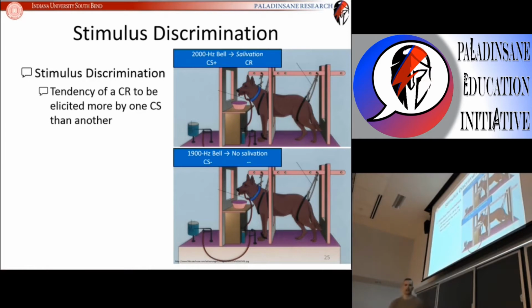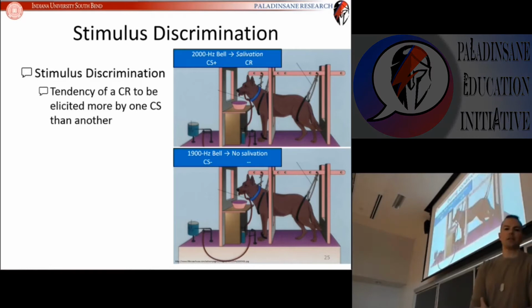So if you are a scientist studying dogs, as these scientists were, once you get finished with this experiment, the next thing you're going to ask yourself is, well, can they tell the difference when there's an even smaller difference between the two bells? And if they do that, can they tell the difference if there's an even smaller difference between the tones? And how small of a difference before they reach their perceptual capabilities and can no longer tell the difference?